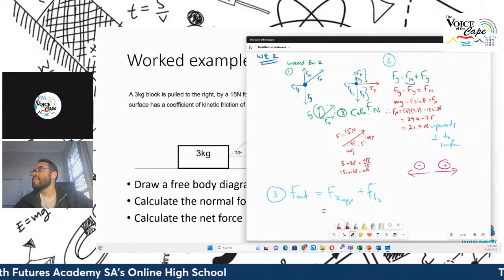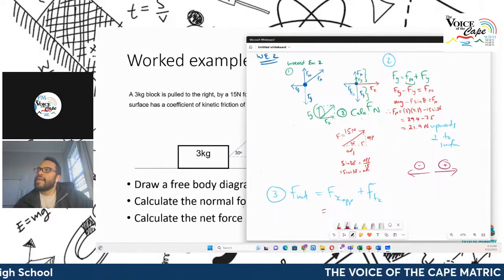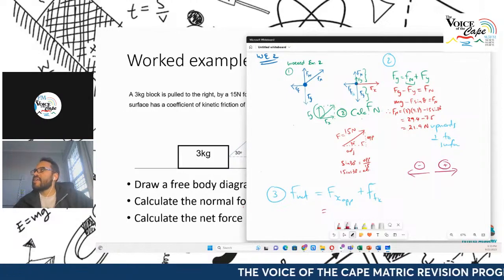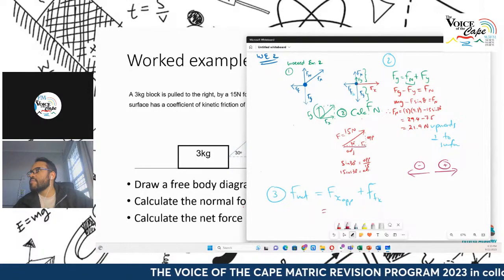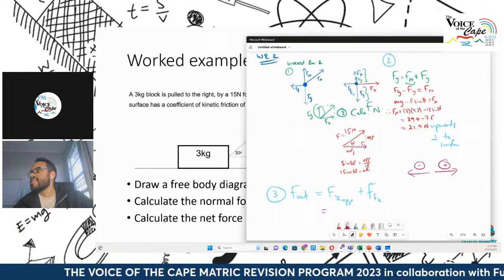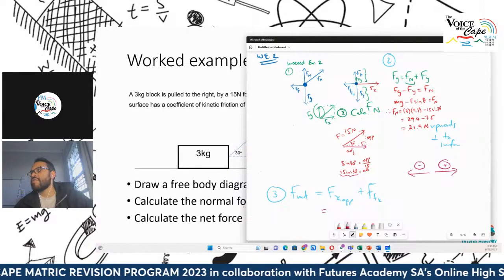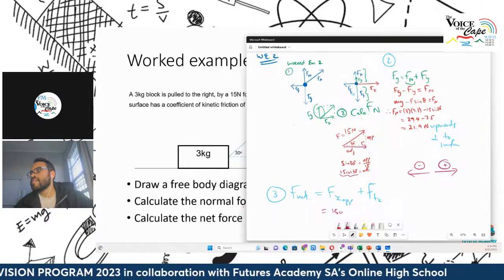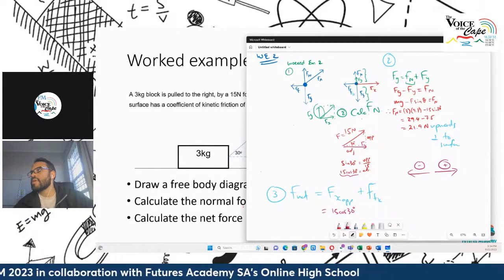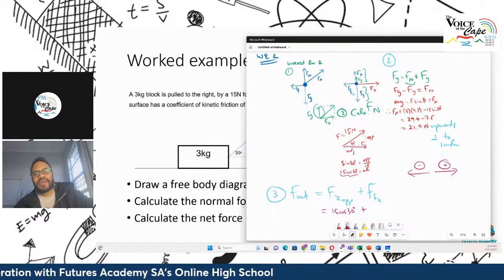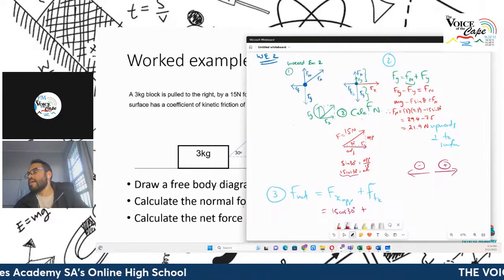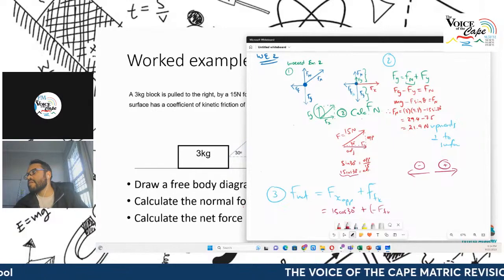So Fx applied, here we can see this is the applied portion of Fx, and it's the adjacent, so it will be 15 cos of 30 degrees, plus Fk.